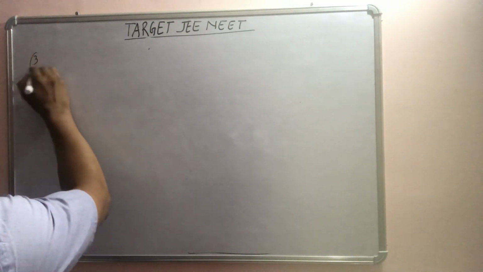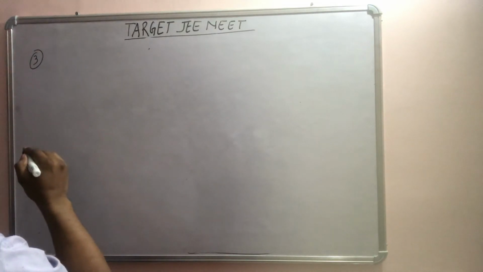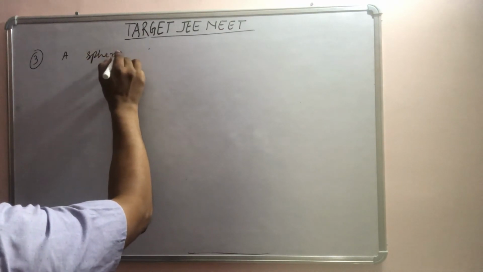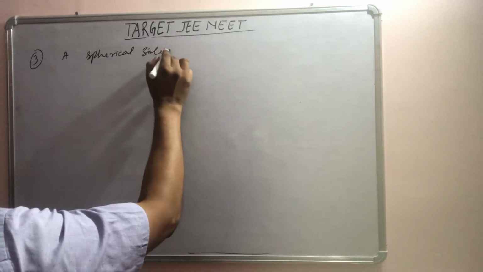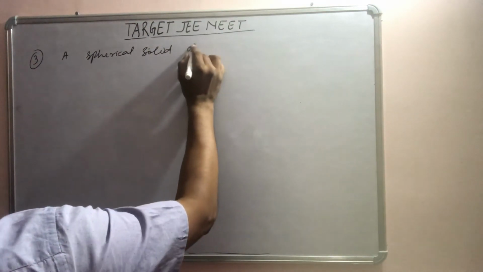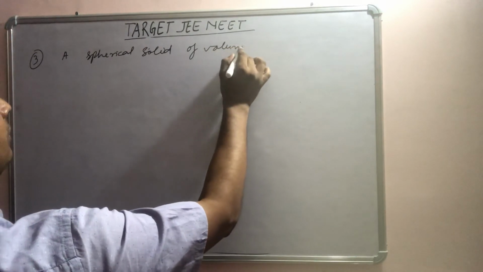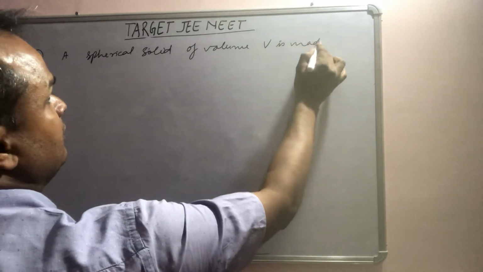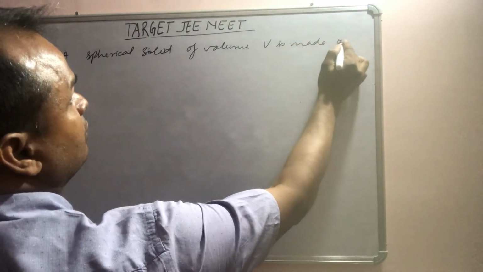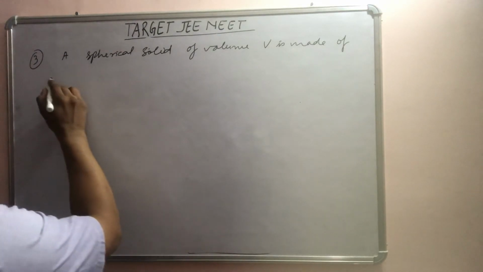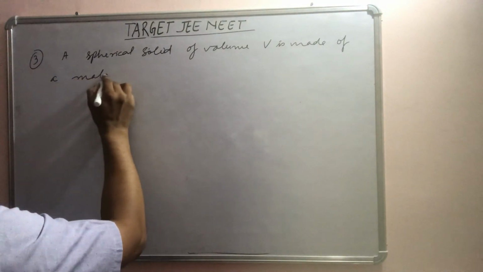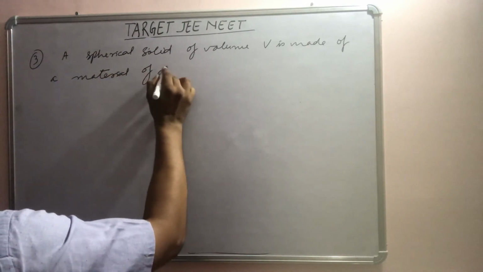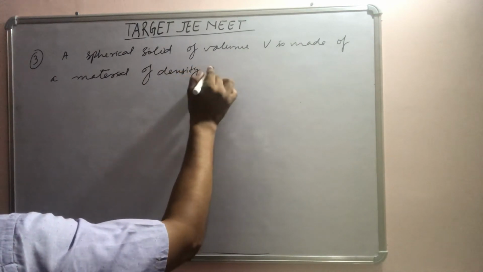Question number 3. A spherical solid of volume V is made of a material of density ρ1.